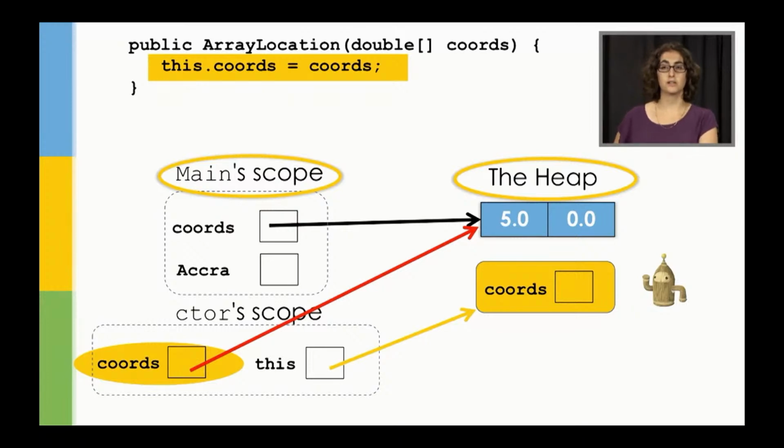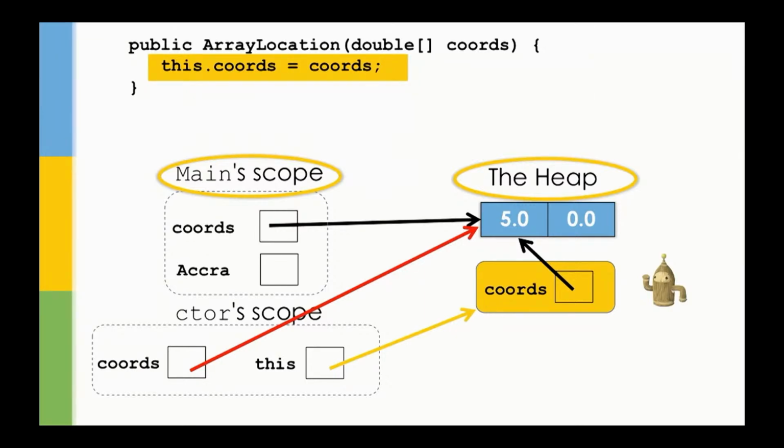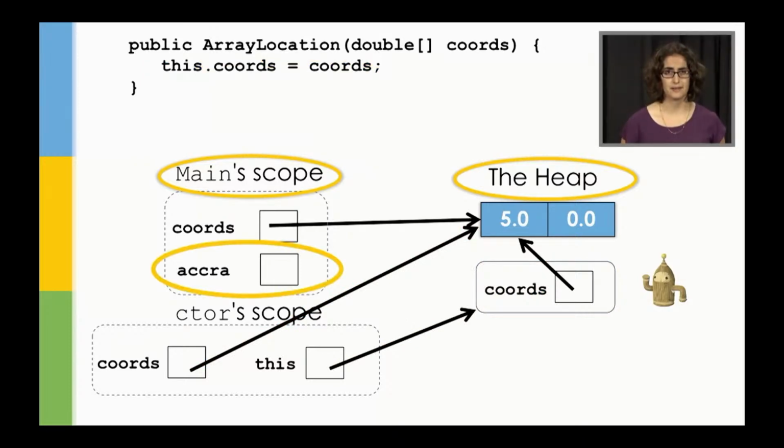So this dot coords, that variable in the heap that belongs to the object, is going to now point to the array in the heap that was pointed to also by coords in the constructor scope. So we have all of these arrows, references pointing to the same array, but notice that we're still missing one, we've got one box empty. And so we're going to want to fill in that box, and let's think about how that happens.